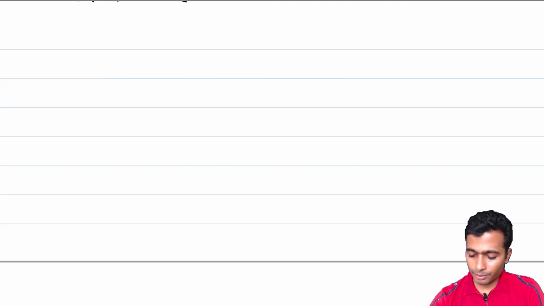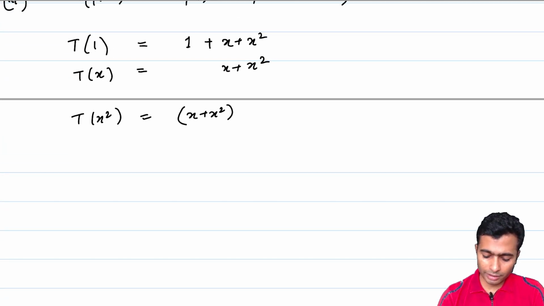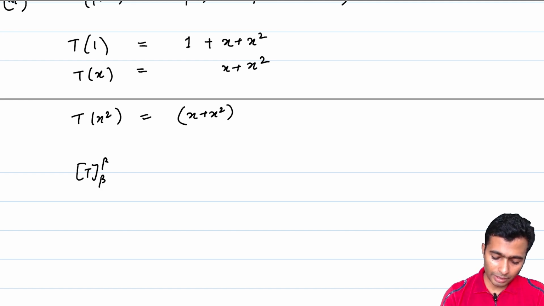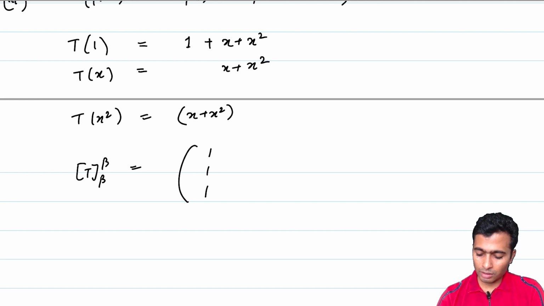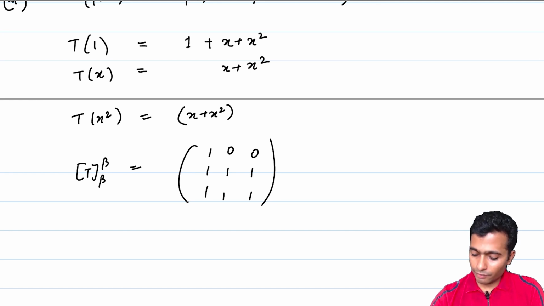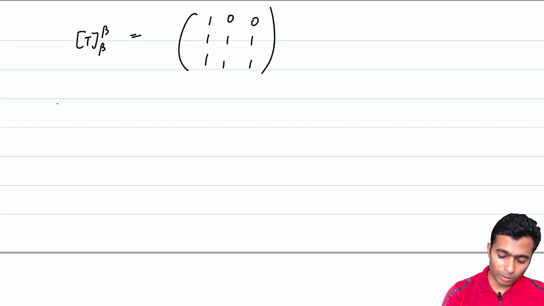So this is now going to be an interesting matrix. T beta beta is just 1 1 1, 0 1 1 and 0 1 1. So what will be the characteristic polynomial?